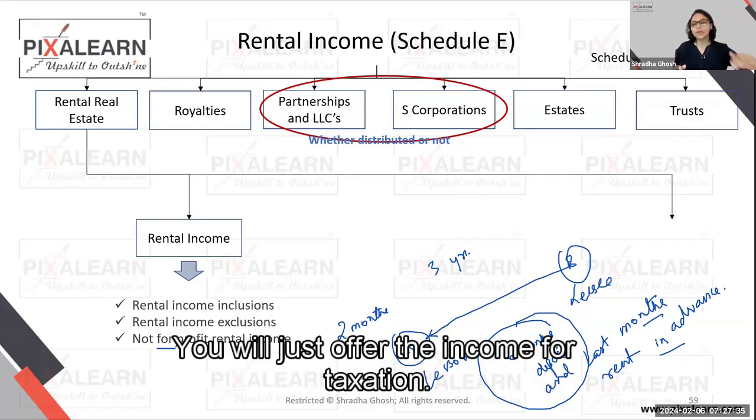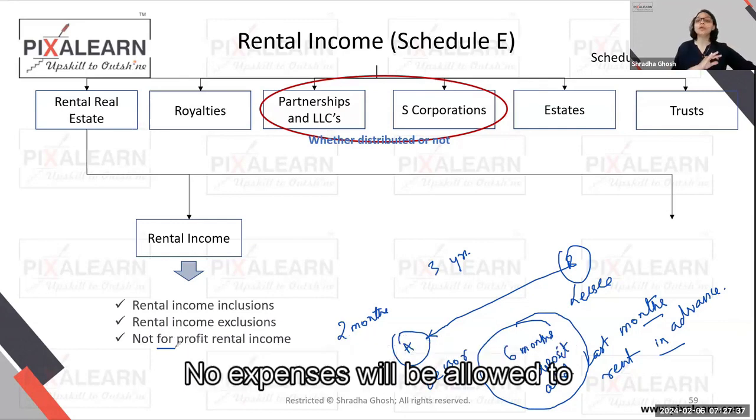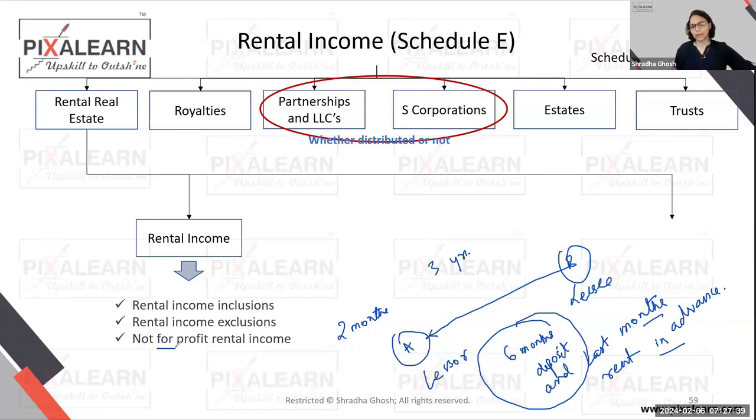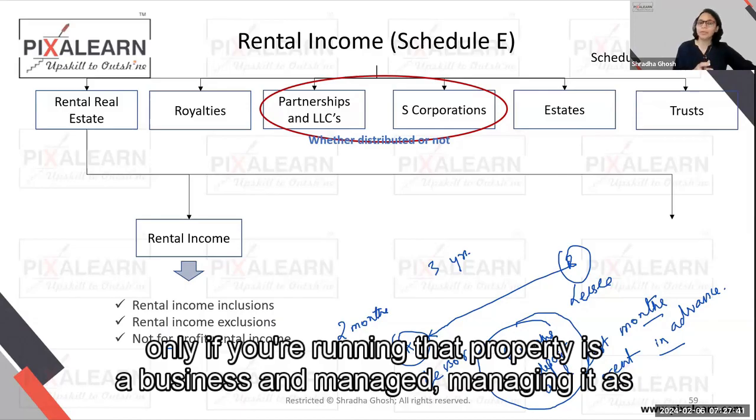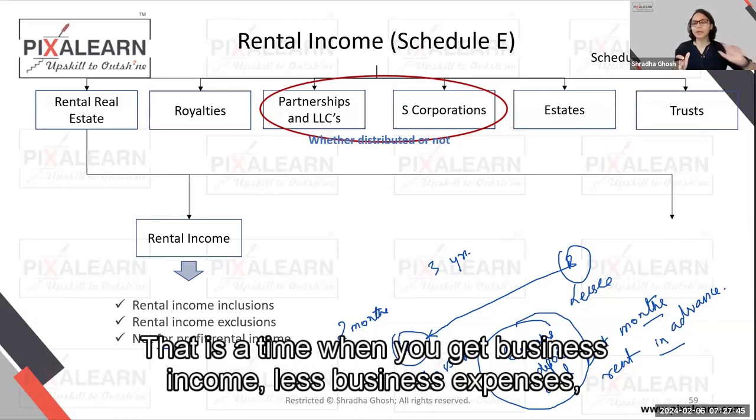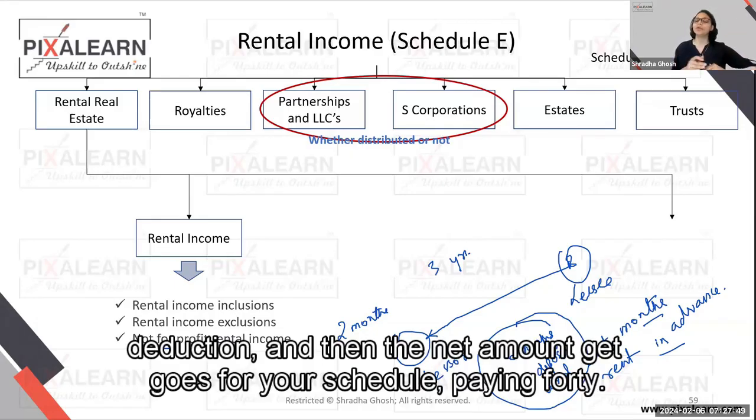You will just offer the income for taxation, and no expenses will be allowed to you. Only if you're running that property as a business and managing it as a business do you get business income, less business expenses deduction, and then the net amount goes to your Schedule 1040.